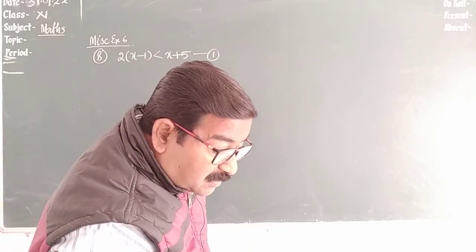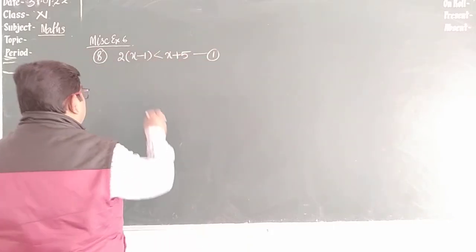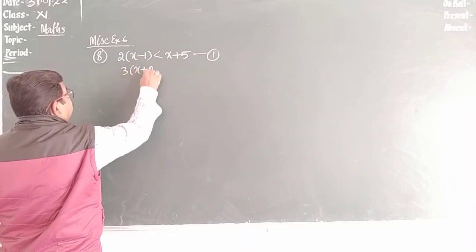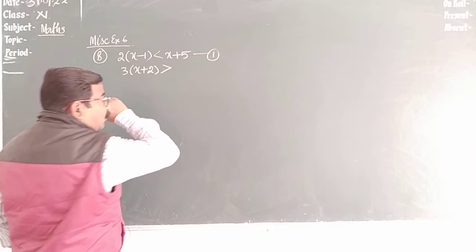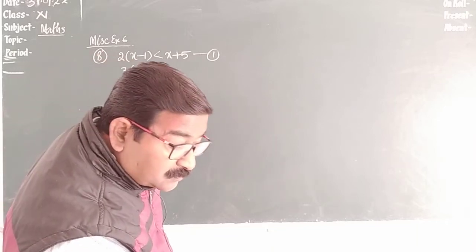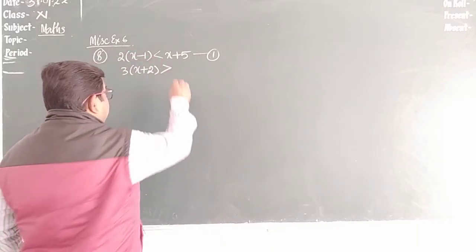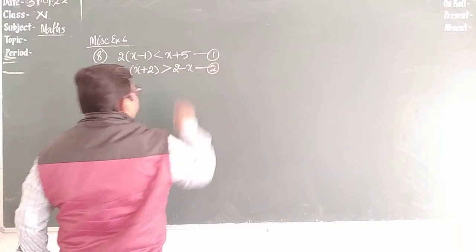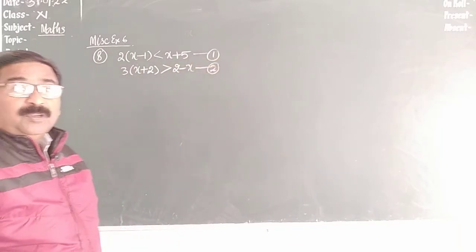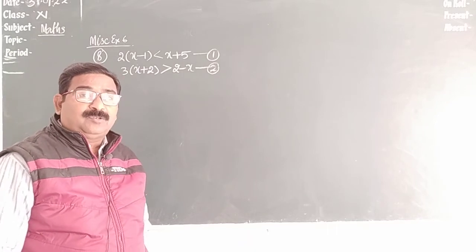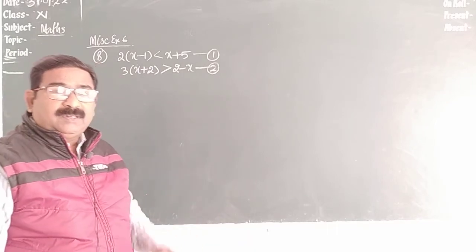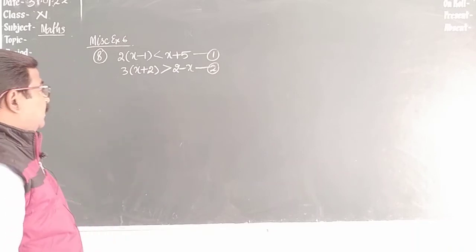The second one is 3 times (x plus 2) is more than 2 minus x. We will solve the two inequalities one by one to get the values of x, and after that we shall plot the graph of this inequality. Let's see.